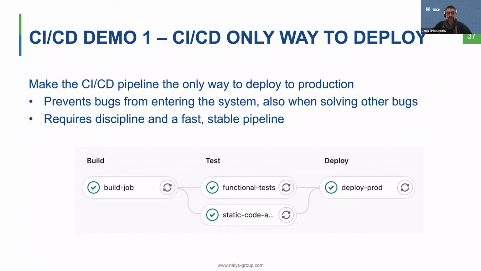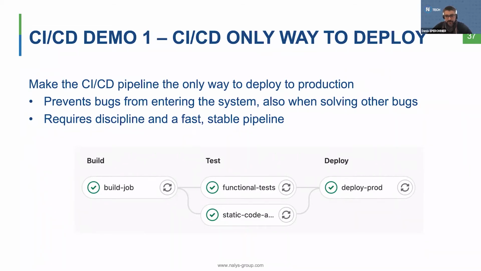Another best practice, a bit more difficult maybe to realize, but really powerful, is to use the CI/CD as the only way to deploy. Meaning that the CI/CD pipeline is the only mechanism which can promote code to production. No bypass, no way to override the system. The only thing which can deploy is the system itself. And why?